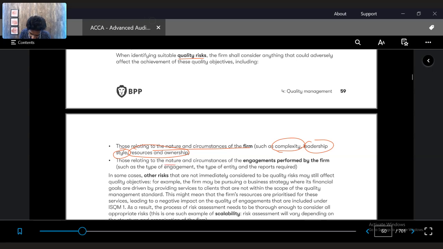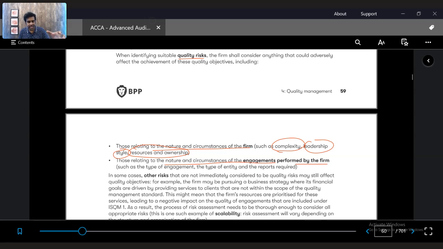The next one is the nature and circumstances of the engagement performed by the firm. Generally, if a firm is performing audits of only a specific type of industry, let's say for example they are performing only manufacturing industry, and now suddenly they want to audit the financial services industry, it's going to be difficult for them because they have never audited a financial services industry before. So the partners of the firm do not have enough expertise in terms of financial services.